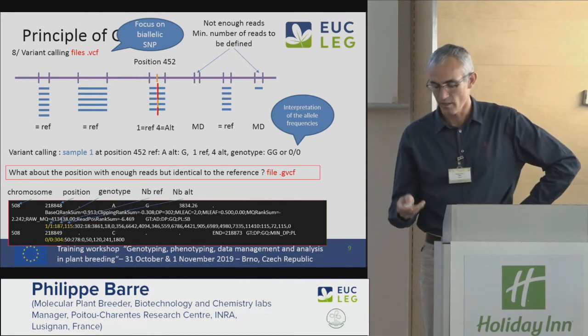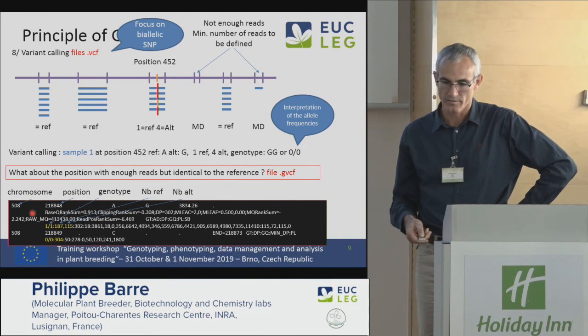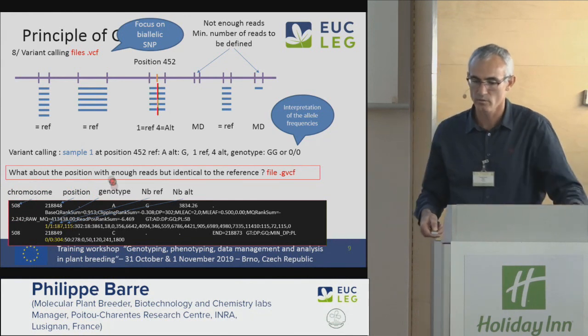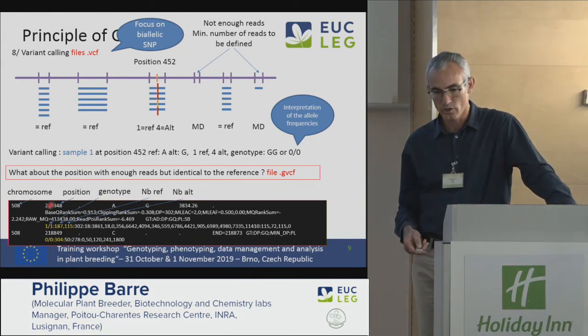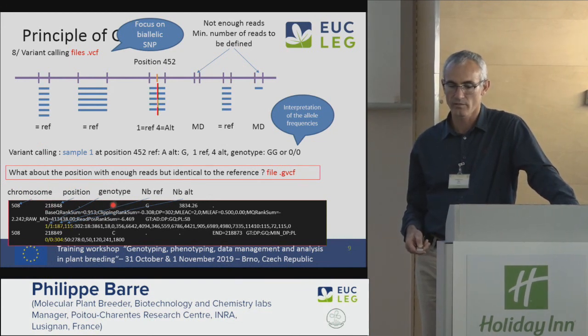The kind of file you get then, it's a VCF file. So you have the chromosome, like the reference sequence, the position on the reference sequence. This is the reference allele, the alternative allele. And then here you have 1,1, it's the interpretation of the genotype.